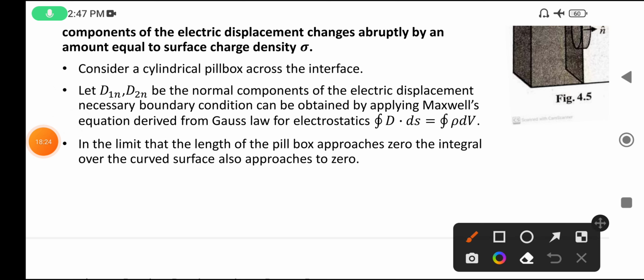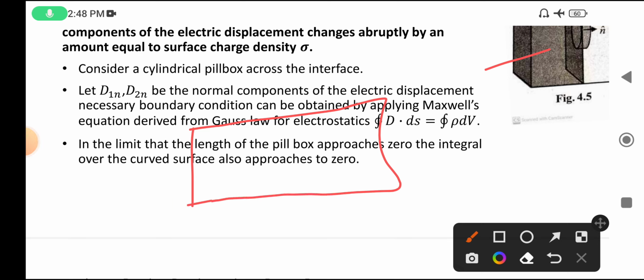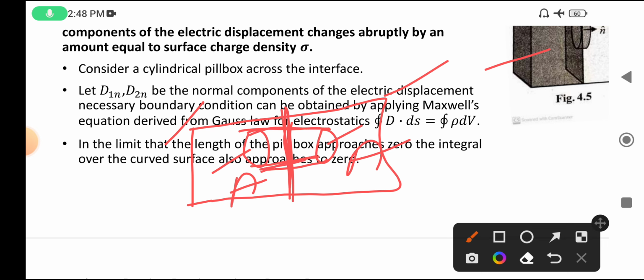Once again, I am explaining this diagram. Let this be one object and this another object. These two are joined at this point, and then it is called the boundary. At this point, consider one cylindrical-shaped pill box like this. This side area is A, this side area is A, and because it is a cylinder, there is also a curved surface area.